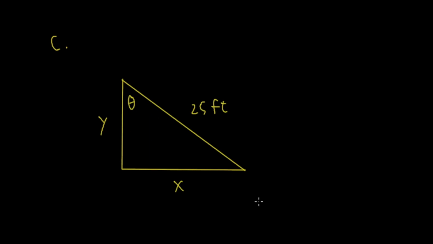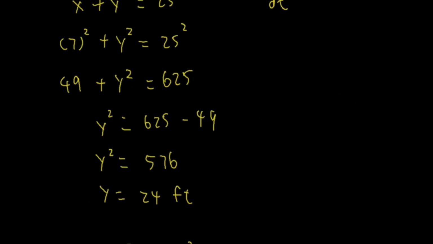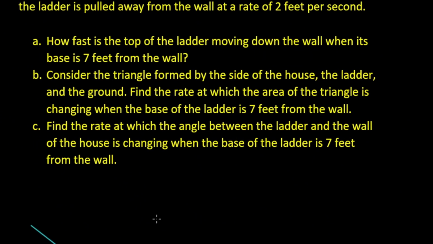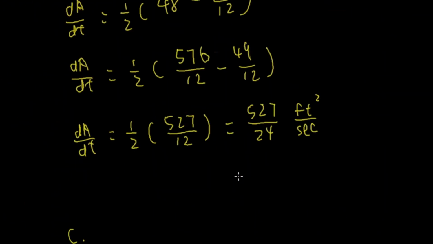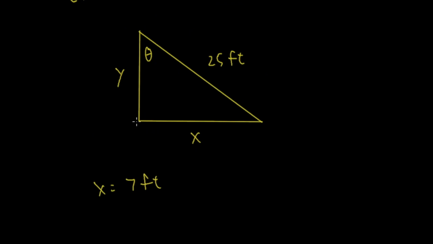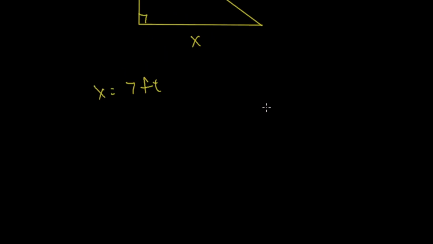Now, in part C, it's given that the base is also 7 feet away from the wall. So we know that x equals 7 feet, okay? Now, it's a right triangle. We can calculate y. Again, x squared plus y squared equals 25 squared.